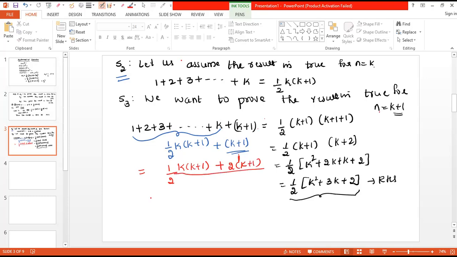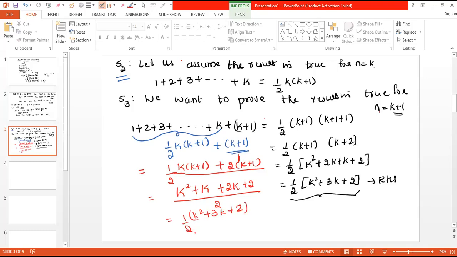If you simplify, this is simply k square plus k plus 2k plus 2 over 2. This is nothing but half k square plus 3k plus 2.